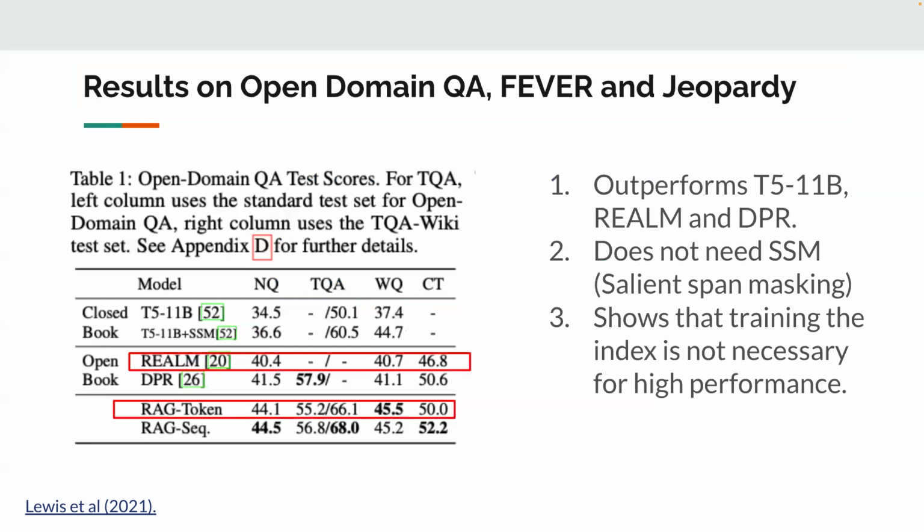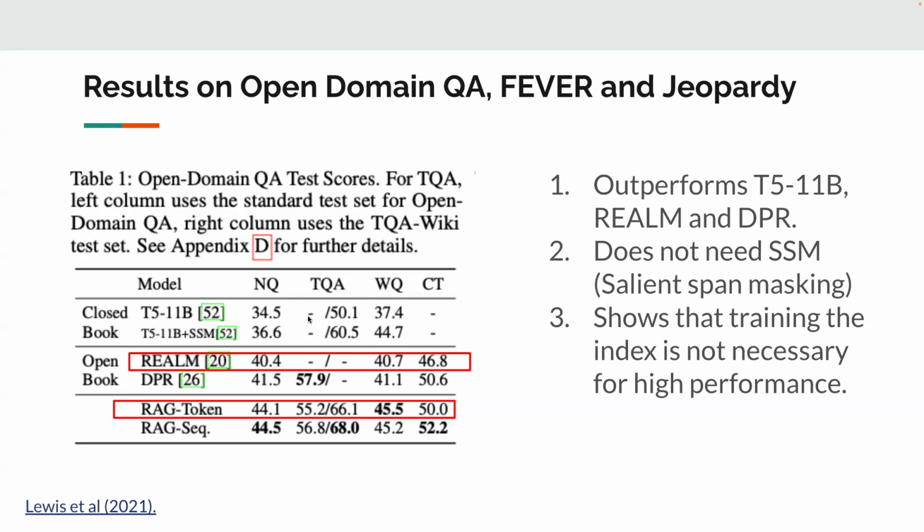These are the results for the RAG token model versus your closed book approaches and your open book approaches. One interesting thing to see here is the improvement that it gets over REALM for the natural questions data set, and essentially every data set that these guys had trained on. It also gets an improvement over T5.